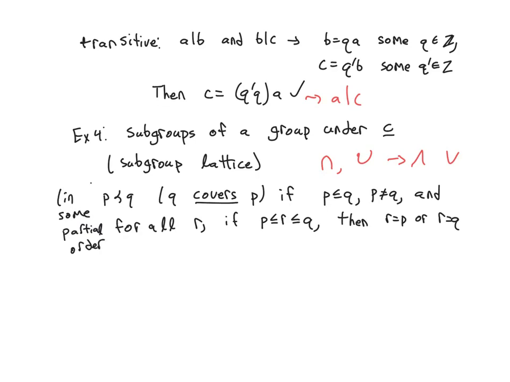So given any partial order, and any two elements, little p and little q, we're going to say Q covers P if P is less than or equal to Q, P is not equal to Q, and for any other element R, if R is between P and Q, then either R is P or R is Q. In other words, Q is greater than P, but there's nobody in between.